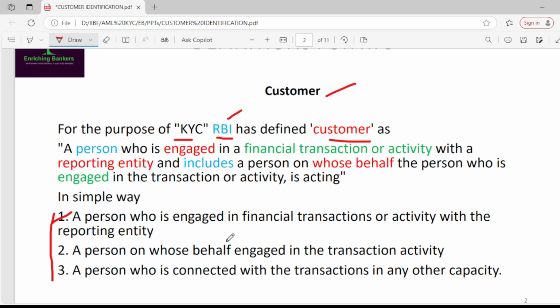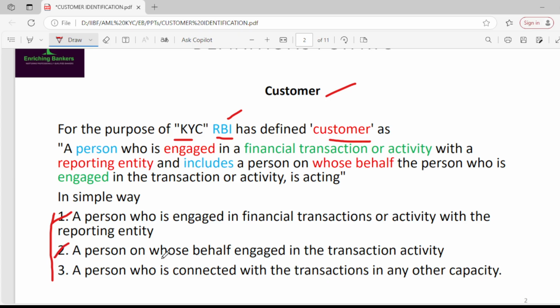Loan borrower generally does transactions for his loan repayments with the bank. So, loan borrower is engaged in financial transactions in the form of repayments with the bank. That's why this person can be treated as a customer.